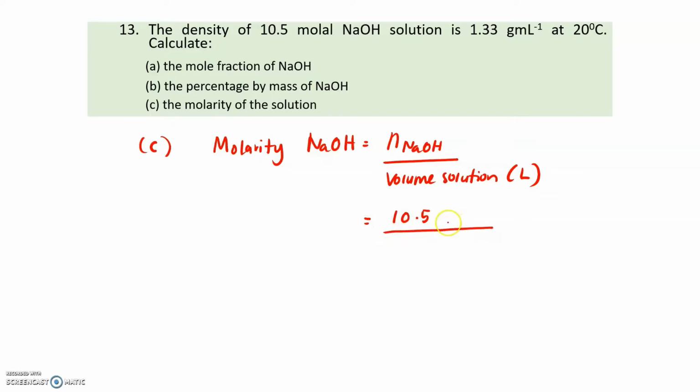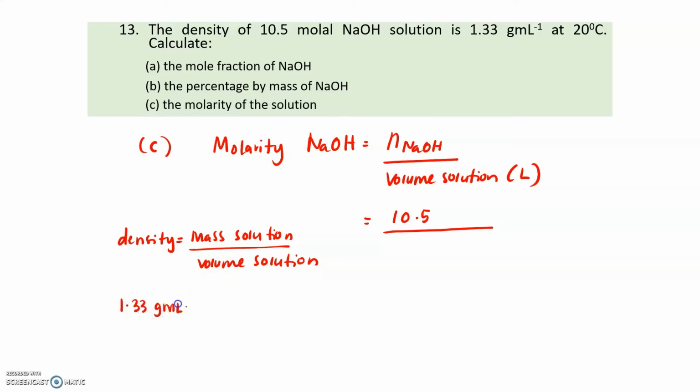So volume of solution, you can get it from density, because the formula of density is mass of solution over volume of solution. Density is 1.33 gram per ml. The mass of solution from our calculation in the previous section is 1420 gram. So volume of solution we want to find out.